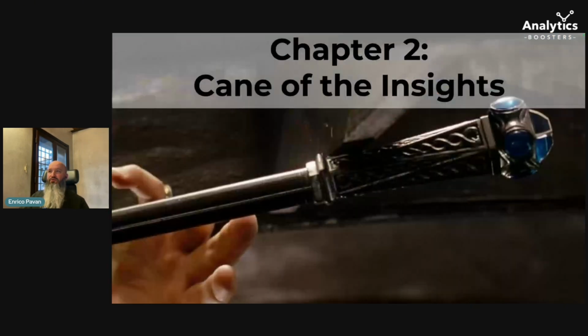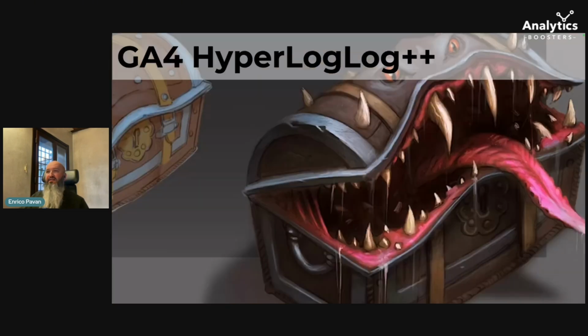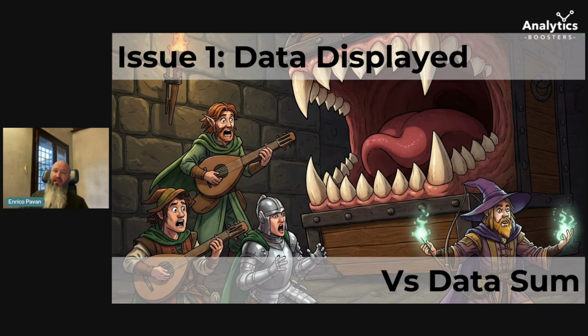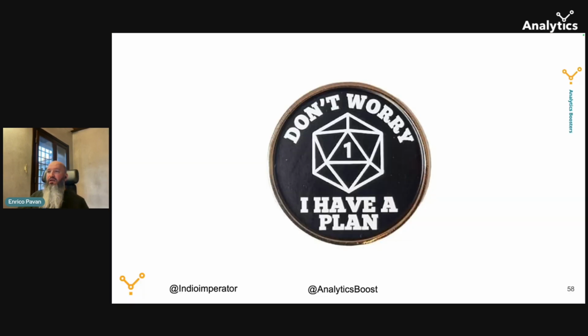So we are going back to the track, and then we are going to the quest related to the cane of the insights. And we are talking about the GA4 hyperlog++. The issue is related to the data displayed versus the data sum.